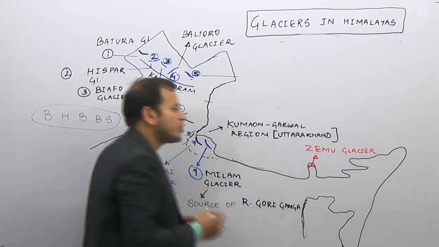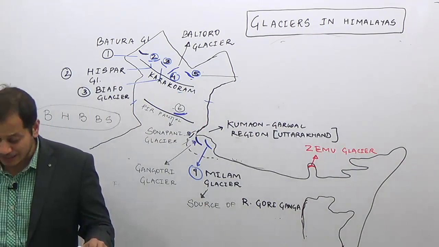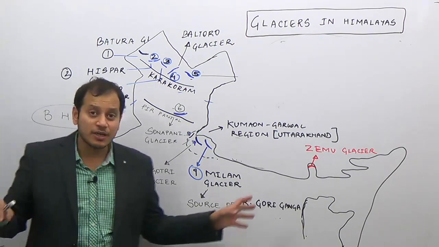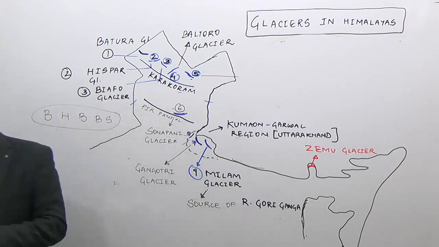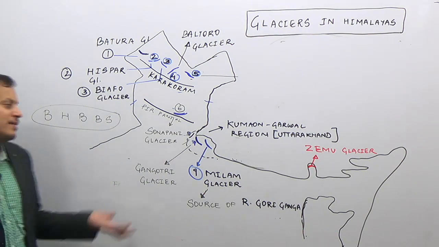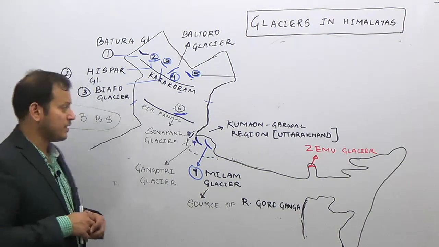The simple question that will be asked is, where is the Zemu Glacier located? The Zemu Glacier is located in the state of Sikkim. Now this Zemu Glacier forms the headwaters of river Teesta. Actually, Zemu River and then the headwaters of river Teesta.